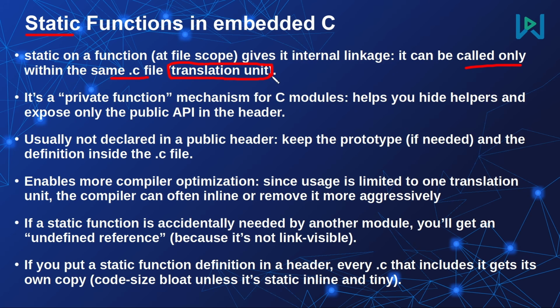And hence, we cannot reference this static C function from another .c file or translation unit within our program. This helps, of course, to hide the visibility of our static function from other translation units or .c files. So we start speaking about a kind of private function.